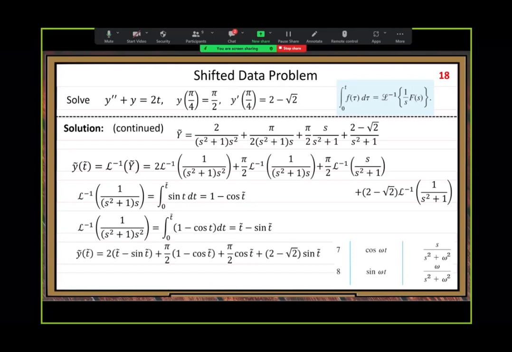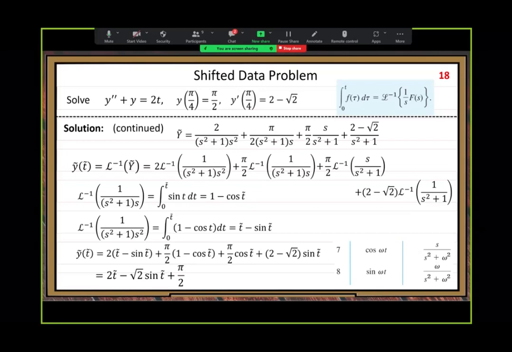Then we can write the y tilde function term by term, using all these basic formulas and these two computation results. Then we simplify the expression, and a few terms can be canceled out. Then we have this version.